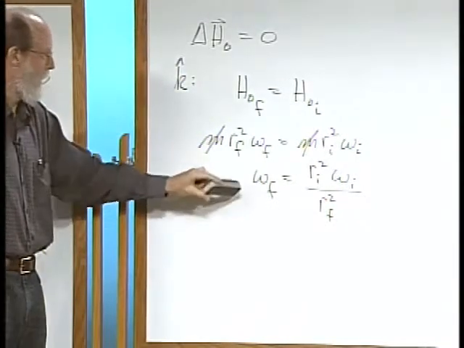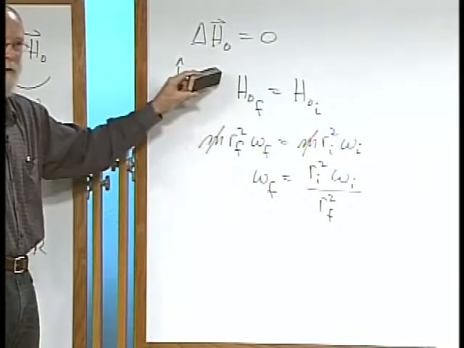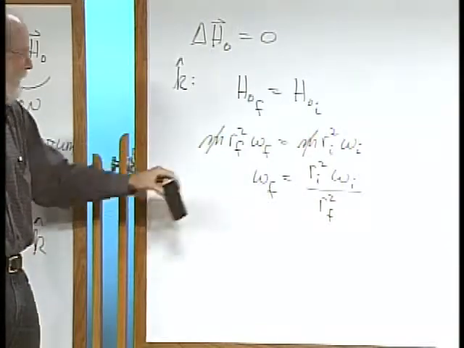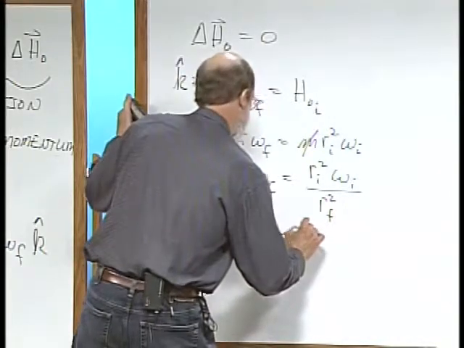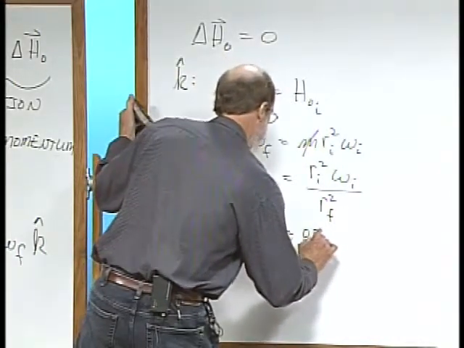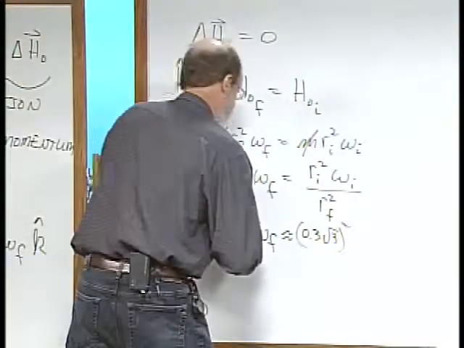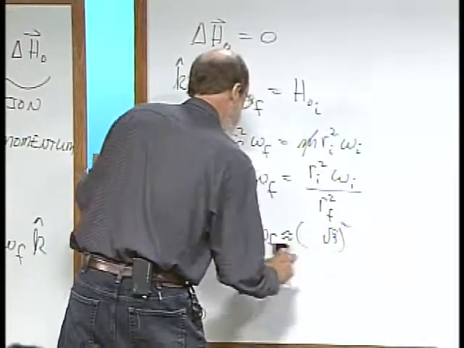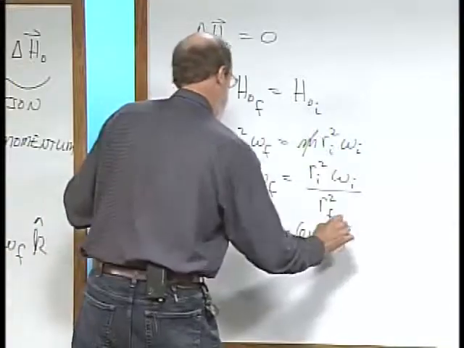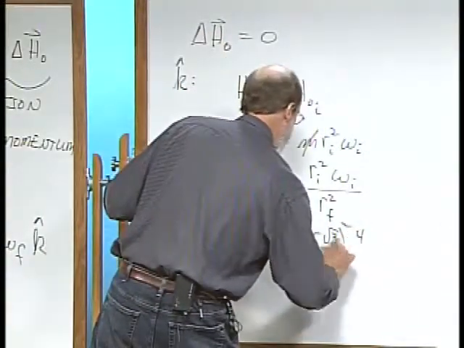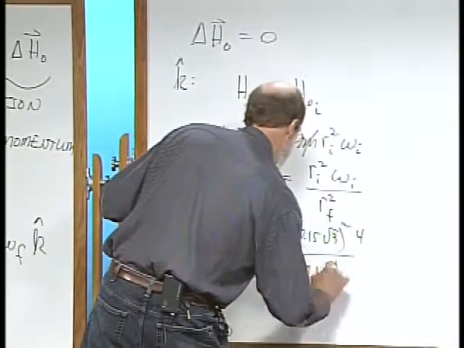So here's a generalized situation if you have conservation of momentum and you're dealing with a circular type of motion. All we have to do then is drop in the numbers, and we should end up with the answer that was expressed in the book. So we had, what was it, 0.3 square root of 3 being squared? Or I'm sorry, 0.15 square root of 3 squared, times the initial omega, which was 4 radians per second, and our final radius was 0.1 square root of 3 squared.